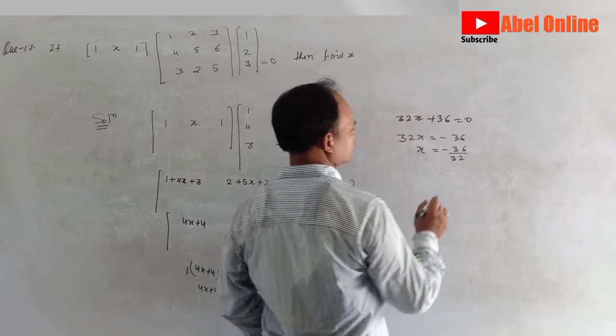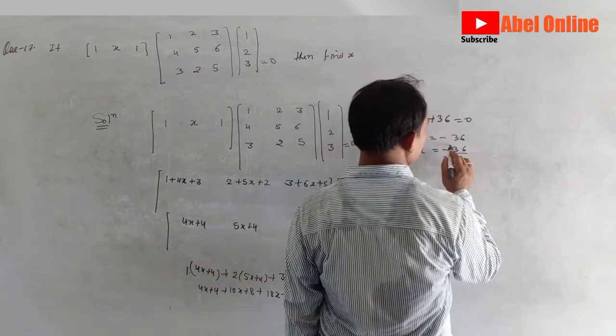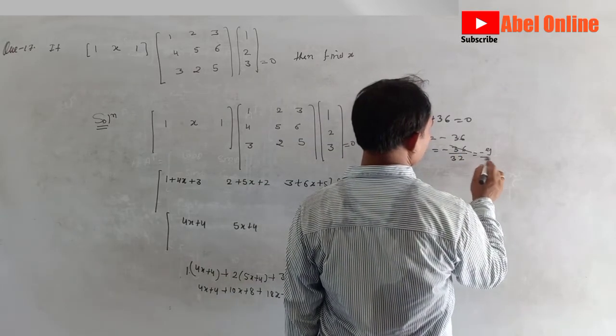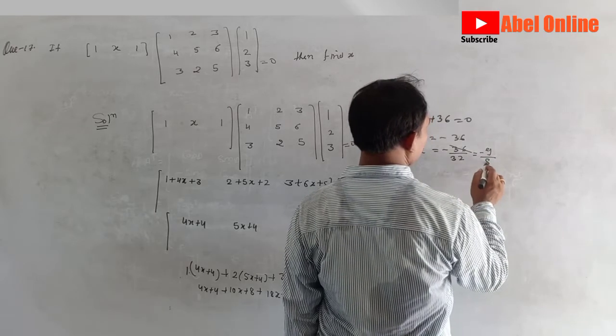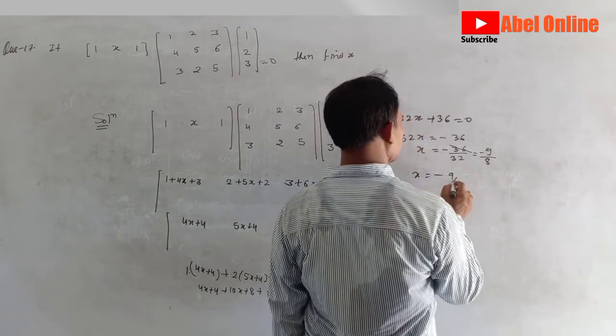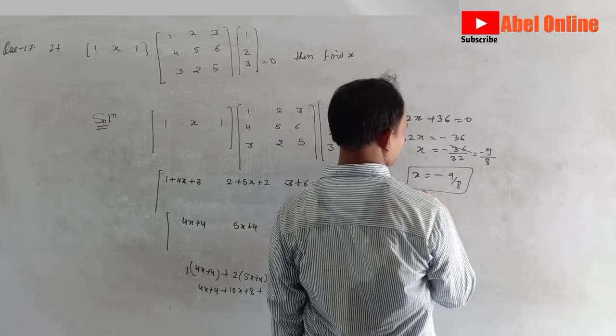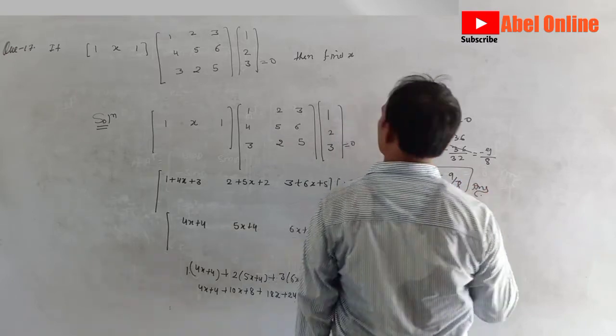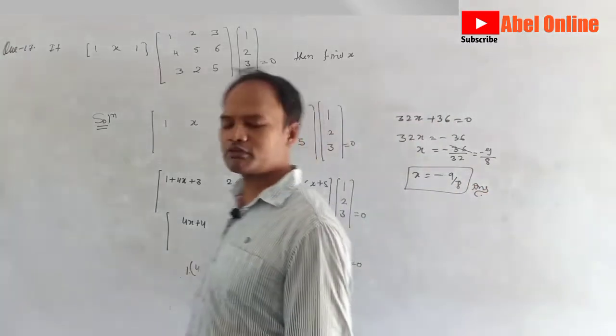That is 9 times 4 and 8 times 4, so x equals minus 9 by 8 is the answer, students. So this is a very nice question, question number 17.